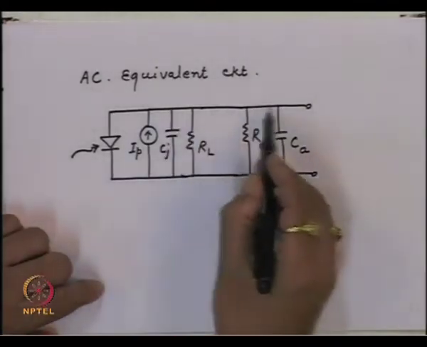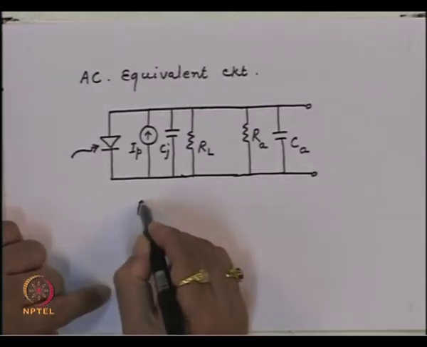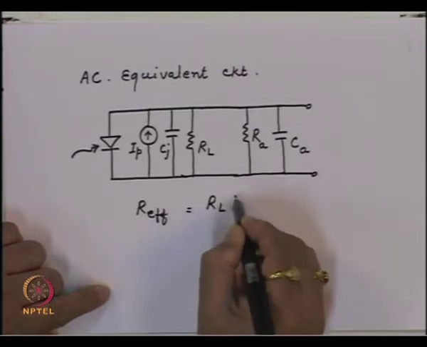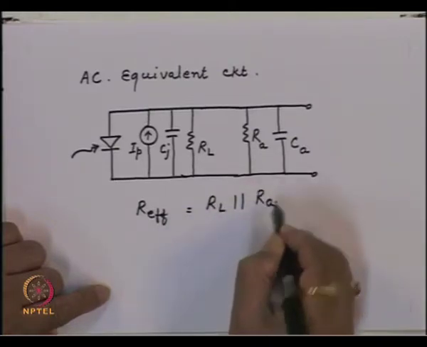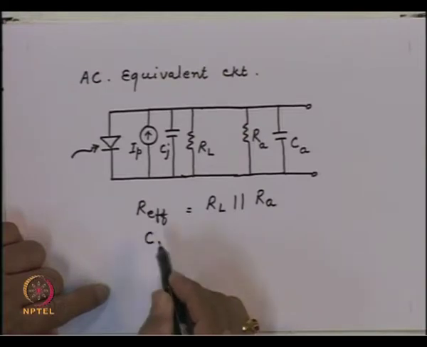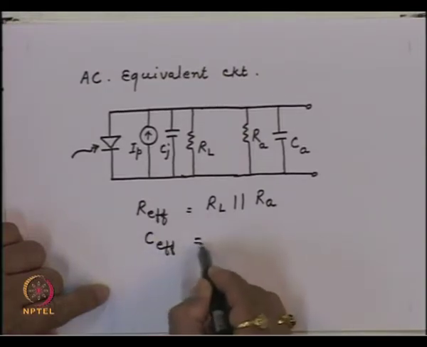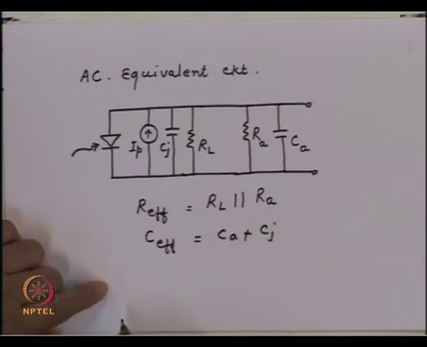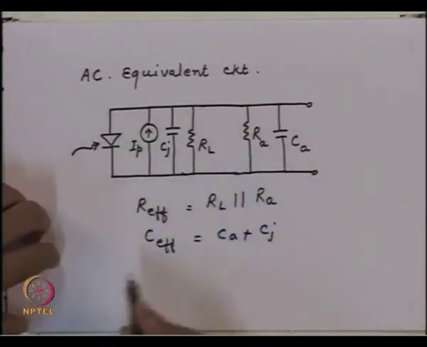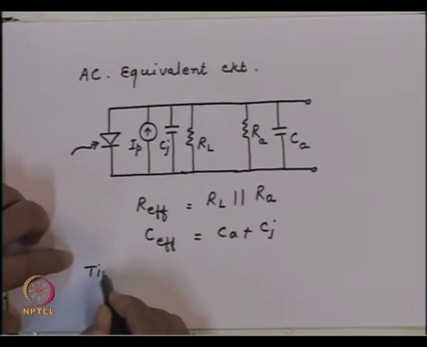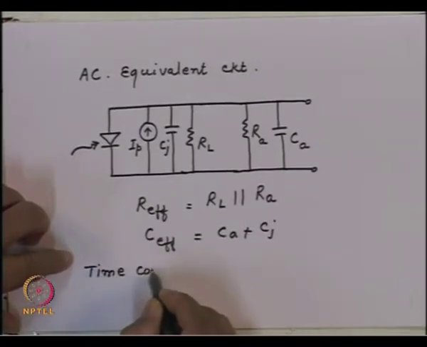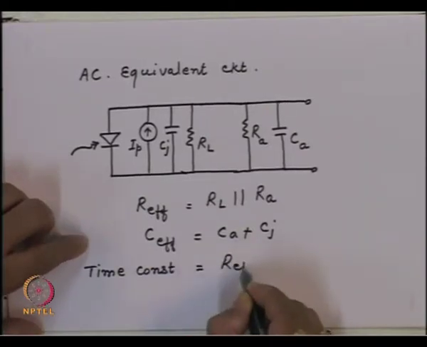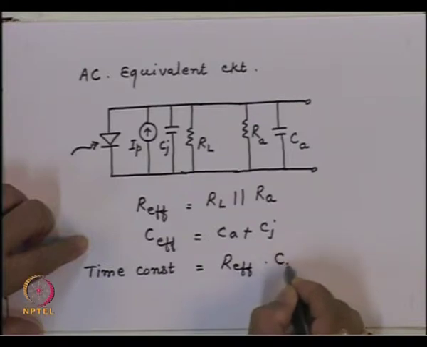So you have the effective resistance which this circuit would see, which would be R effective, which is RL in parallel with RA, and the capacitance will be equal to CA plus CJ. So this circuit has a time constant which is R effective times C effective.